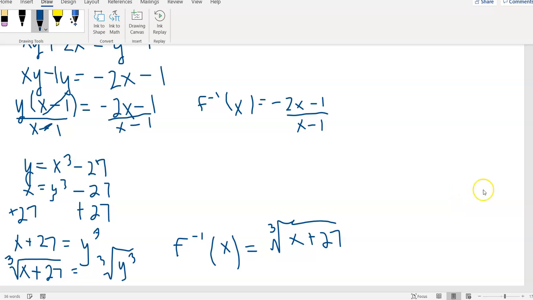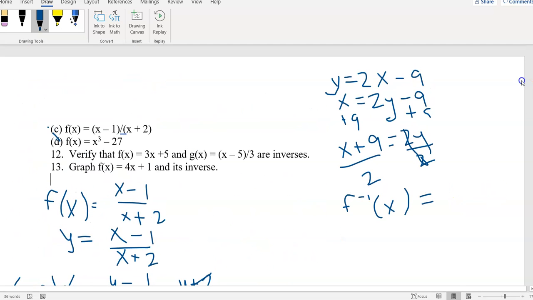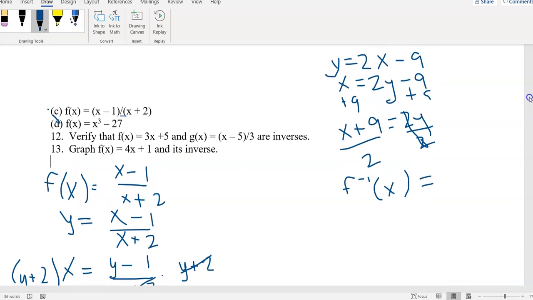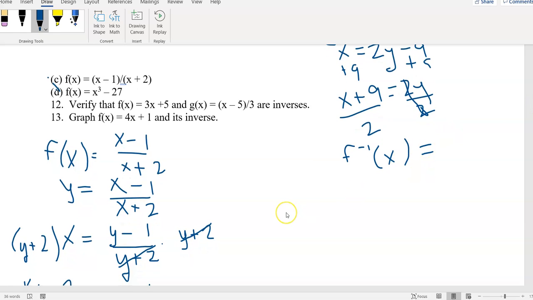All right, now let's go to our next one. We want to verify that 3x plus 5 and x minus 5 over 3 are inverses. Now, we could go through the same process we've been going through for number 11, but instead, what we should do when we're verifying that they're inverses is compose them together and see if the answer is x.